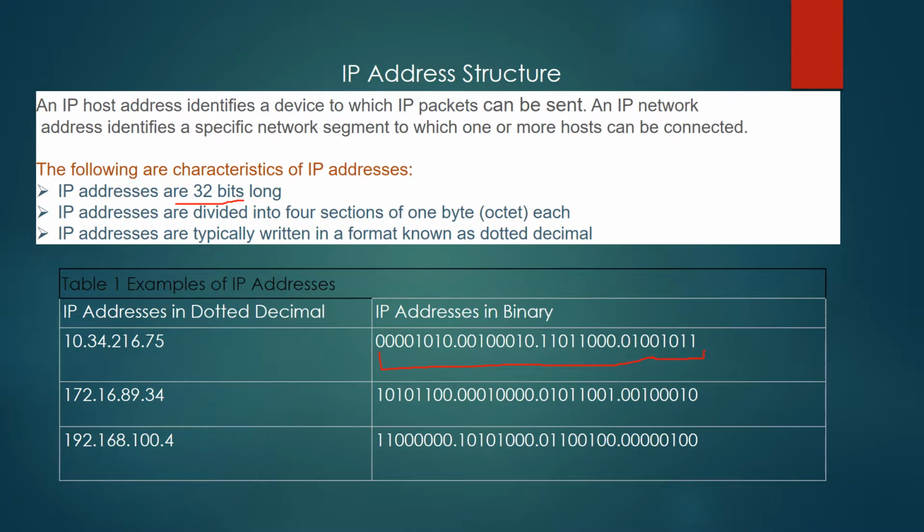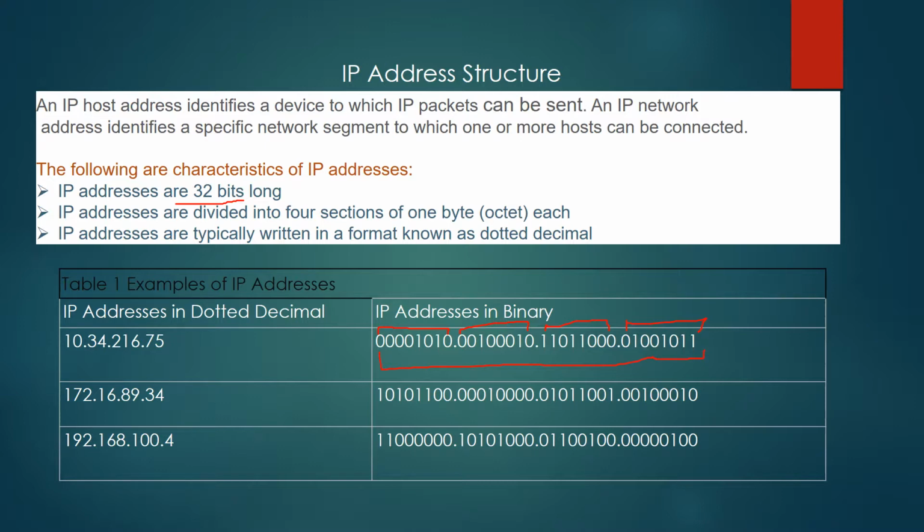IP addresses are divided into 4 sections of 1 byte, or octet, each. Yes, it is divided into 4 octets. First this one, second octet, third octet, and this is the fourth octet.